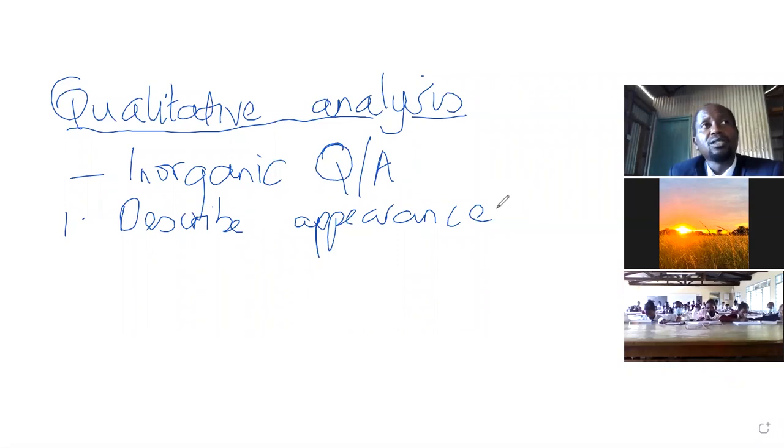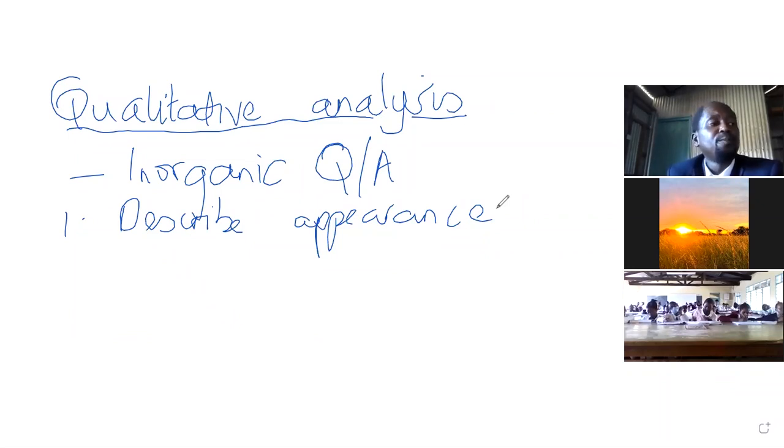Either the substance should be powdery or crystalline. And number two, you must mention its color. So number one, whether it is powdery or crystalline, and two, the color. I've not given in the order in which you will describe. In fact, I've inverted the order.